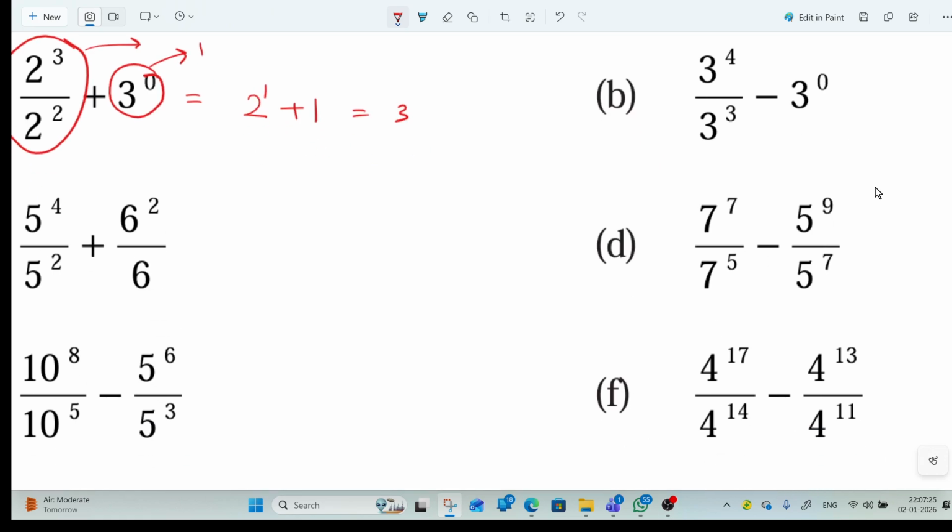Try this. 7 to the power 7 over 7 to the power 5.